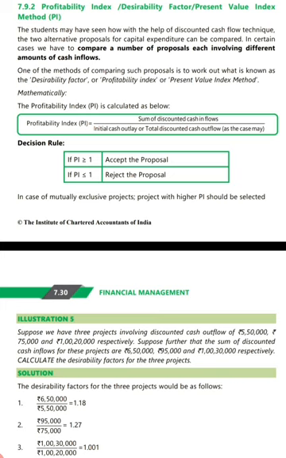What is mutually exclusive? Assume that there are 5 projects, but you have to select only one project. That is called mutually exclusive. In that case, you will select the project which is giving the higher profitability index. I hope the concept is clear.